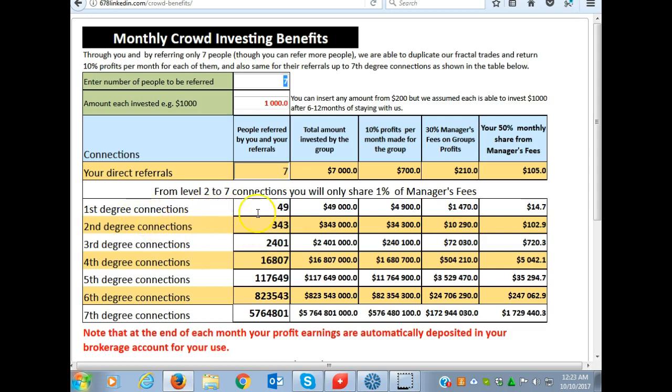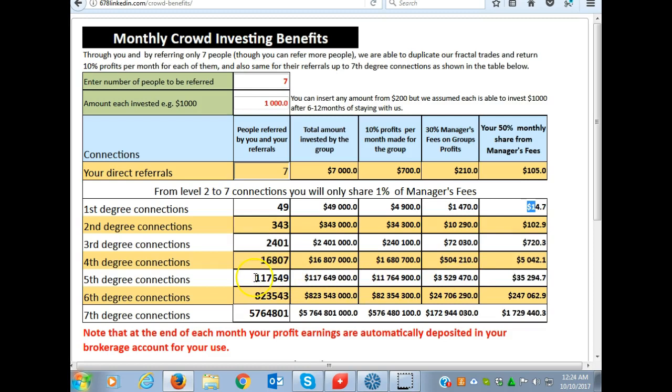As your connection is growing to say 49 in your second degree connections, 343, 2,401, until your connection increases to 5.7 million, you will now be earning 1% on my performance fee.